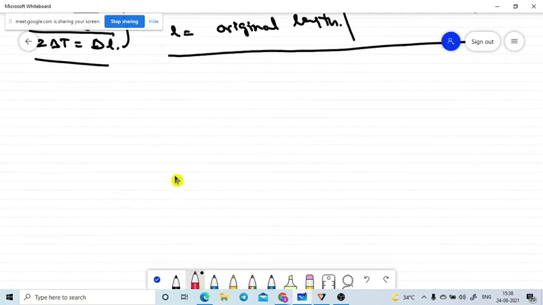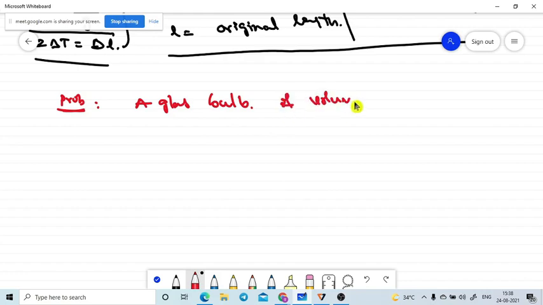That's it. I am going to another problem. Let me go to the problem. What they have given is a glass bulb of volume 200 cc sealed at 27 degrees Celsius.